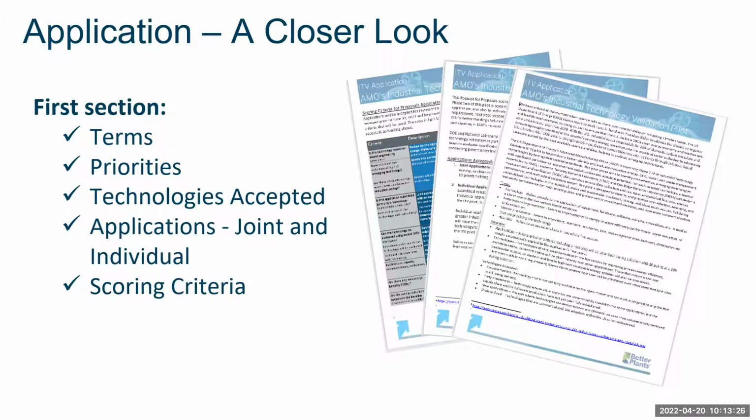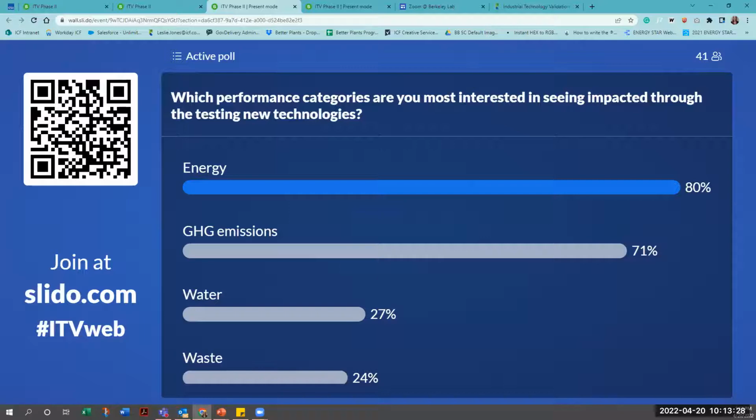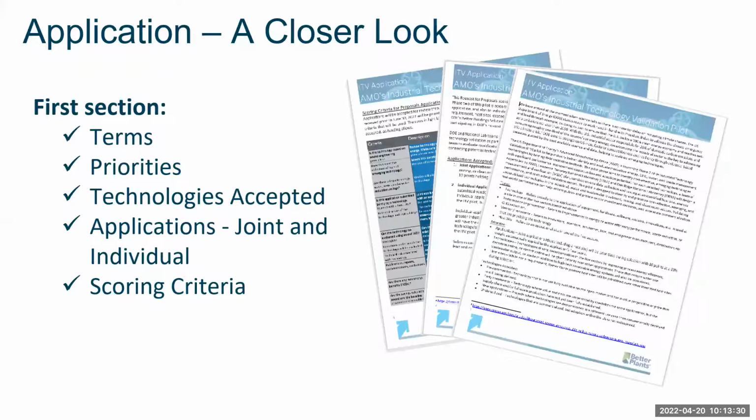So for the terms, we just want to make sure we're all speaking the same language. For the priorities, we go over what we're looking for in an application. Then we go over the technologies that are accepted and define what those are. And then for the scoring criteria, we tell you how we weight the various questions in the application.